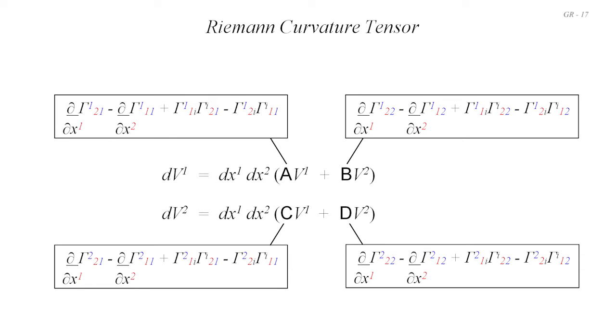And they also contain products of the Christoffel symbols, and that will give squares and cross terms of the metric tensor and of its derivatives. Now, before we try to simplify this or bring it all together in some way, there's one more thing to note. This is all only for a two-dimensional curved space.